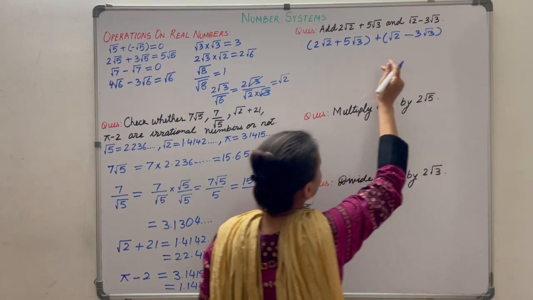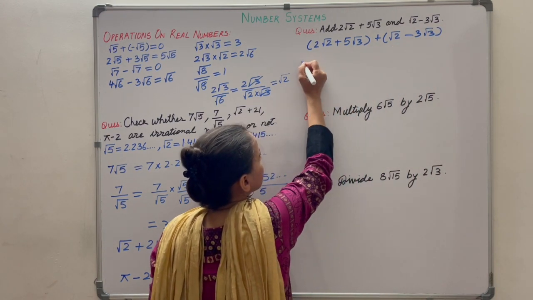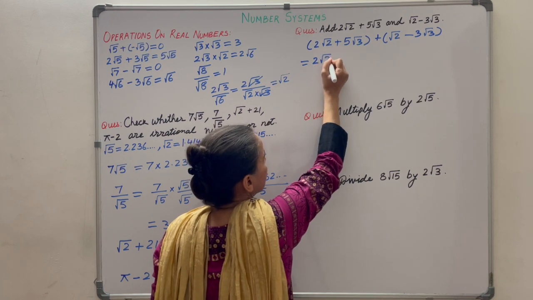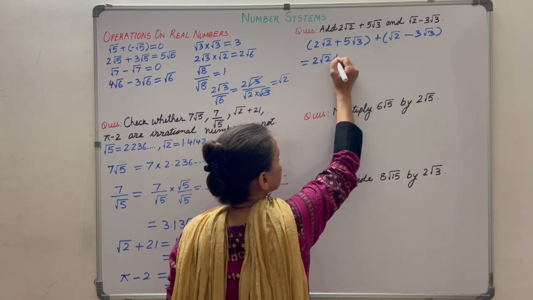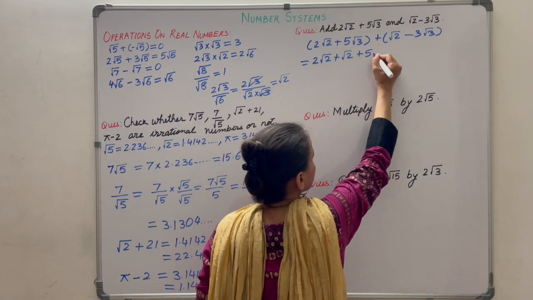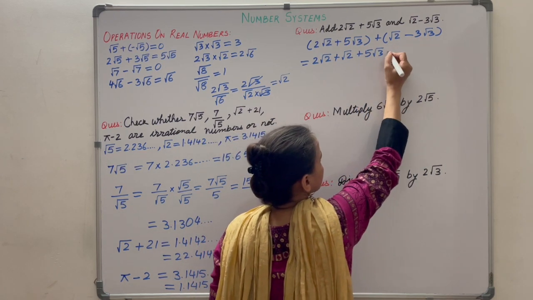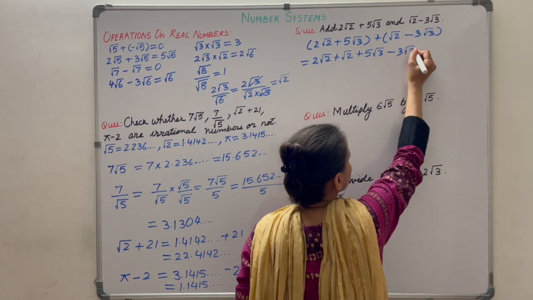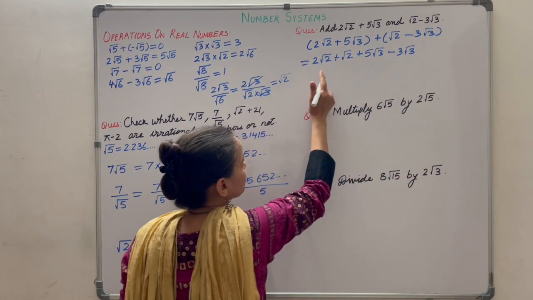So what we are going to do? We are going to regroup them. So 2 root 2 and this root 2 I am writing it here plus 5 root 3 and then minus 3 root 3.